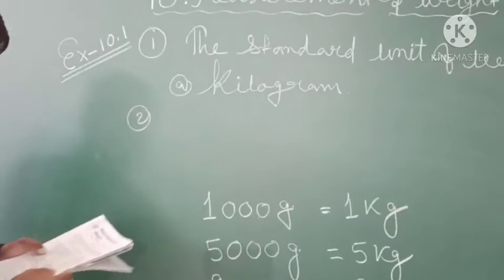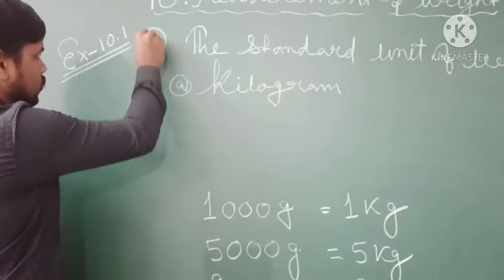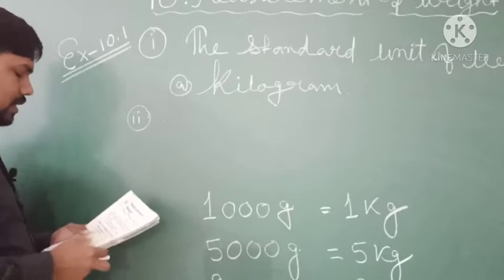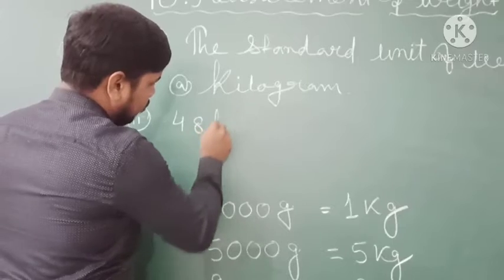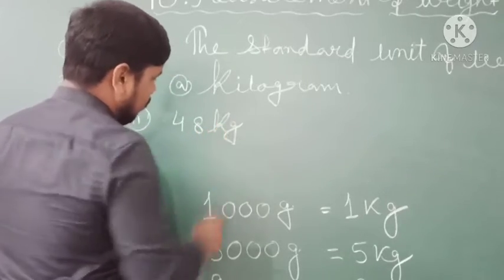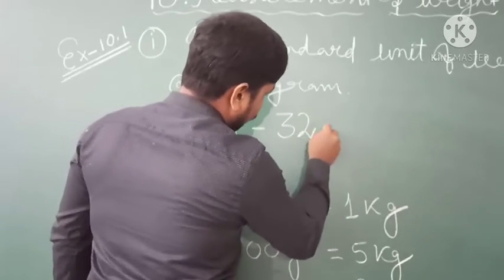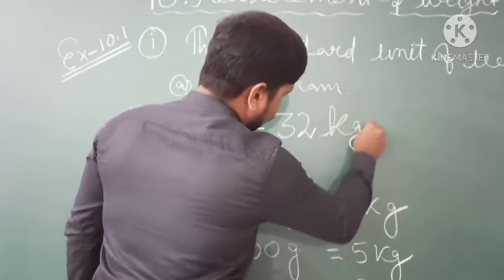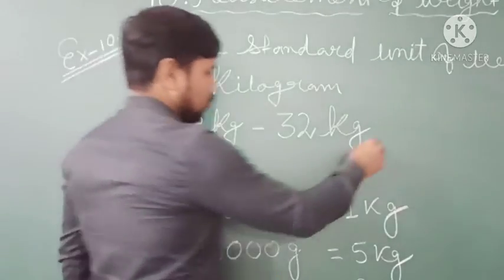The second question, actually the second of the first part, is asking: 48 kg minus 32 kg is equal to how much?